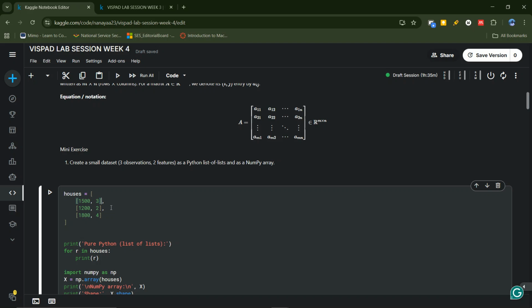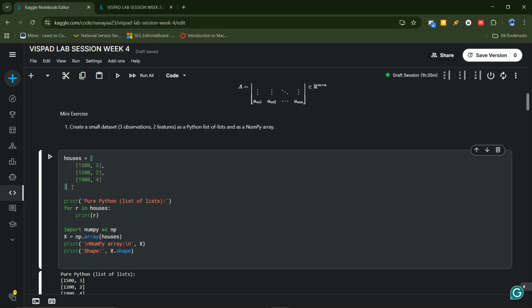But for a matrix, its elements are not integers, but rather lists. That is what we are trying to say. So if we take this example, we are trying to create a small data set that has 3 observations, that is 3 rows, and 2 features, that is 2 columns, as a Python list of lists, that is a matrix. Okay, great.